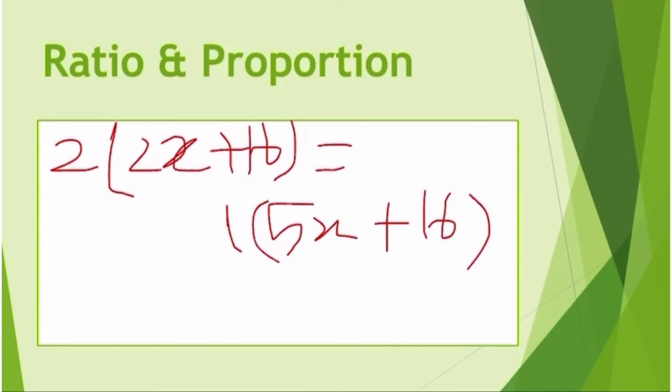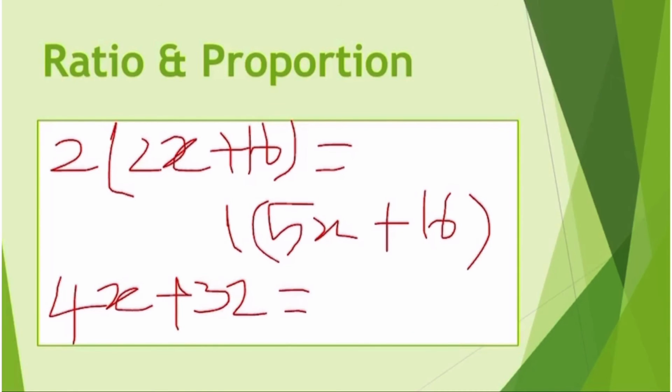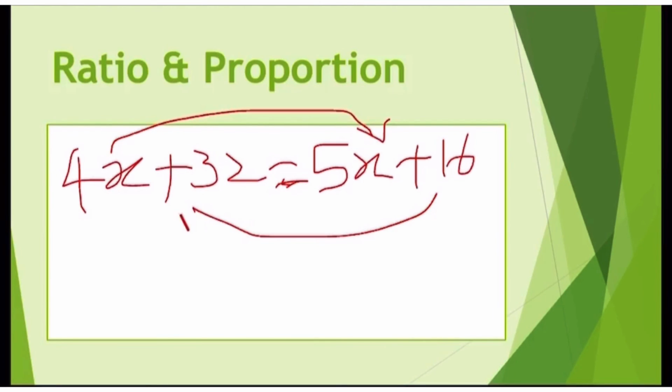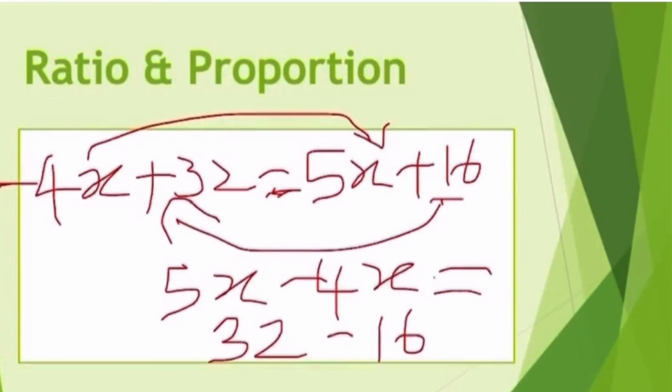So 2 into 2x plus 16 is equal to 4x plus 32 is equal to 1 into 5x plus 16, 5x plus 16. Now to find the value of x, we can take this 4x here and this 16 here. So when it moves to the other side of the equation, this will become minus and plus 16 will also become minus 16. Which means x is equal to 16.